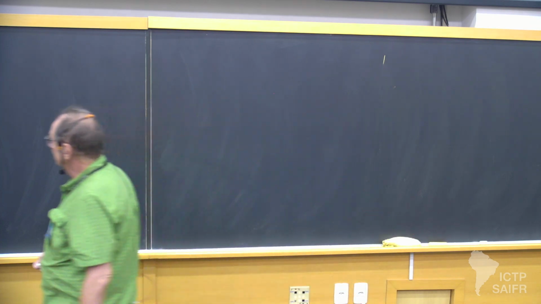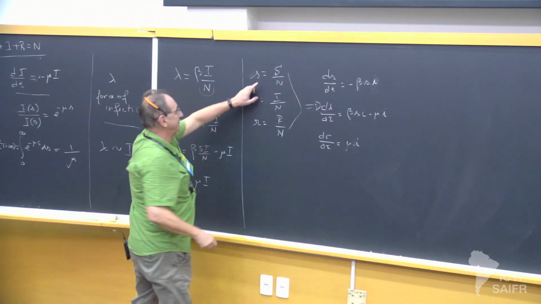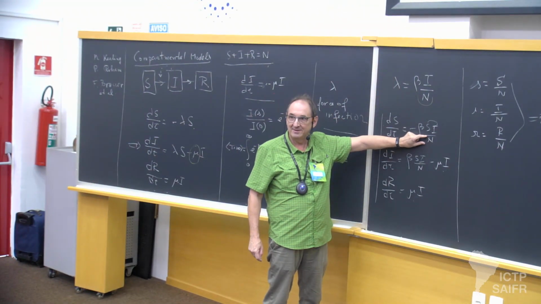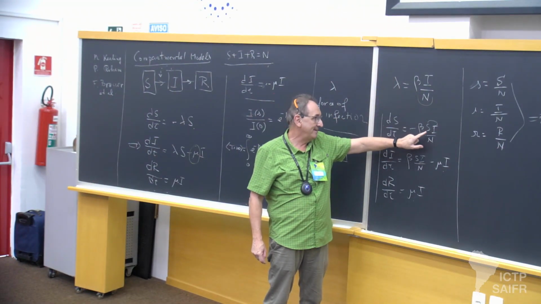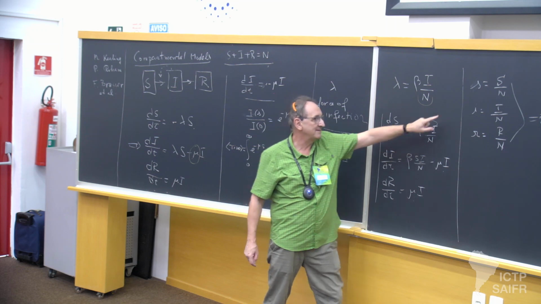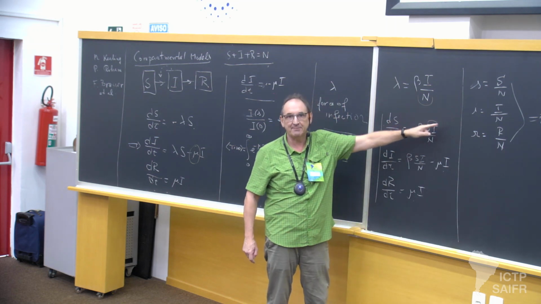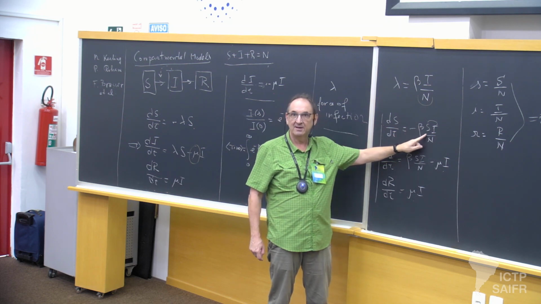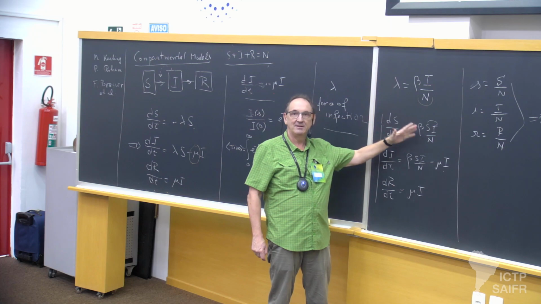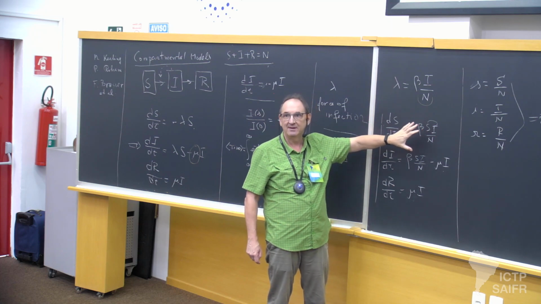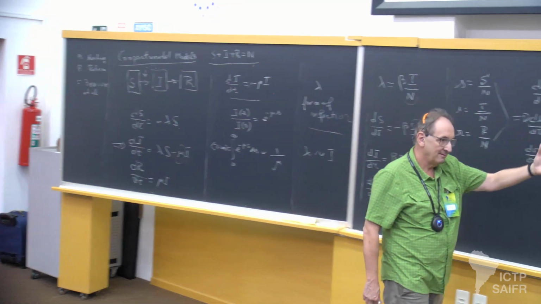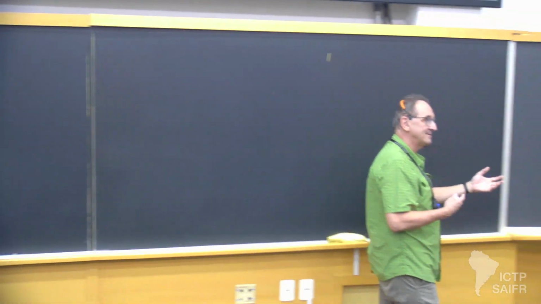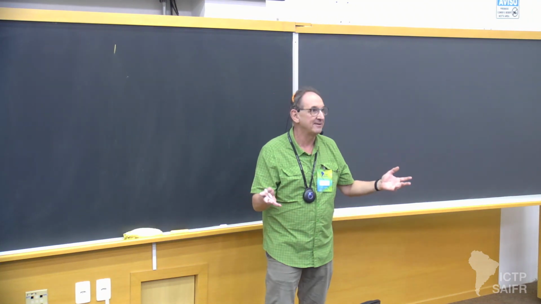If you didn't have this N here, you would have an N squared coming from the substitutions of capital S and capital I, and then one N here and another N squared here. You would cancel them and have a factor N. It would say that epidemics in cities of different sizes would be completely different.